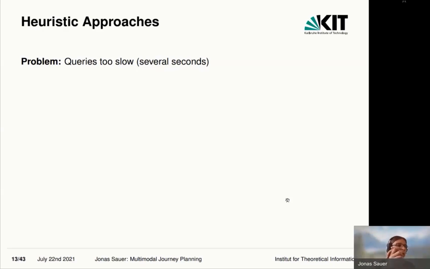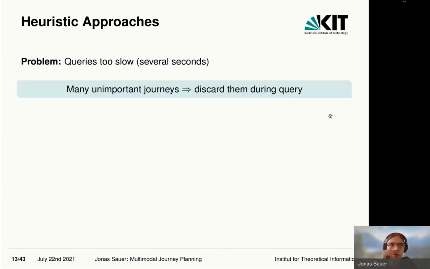We're talking about maybe something like 60 to 70 journeys. And we have to explore the road network as well, so it's a lot more expensive than simply running a multi-criteria Raptor algorithm. So the queries are too slow for practice.